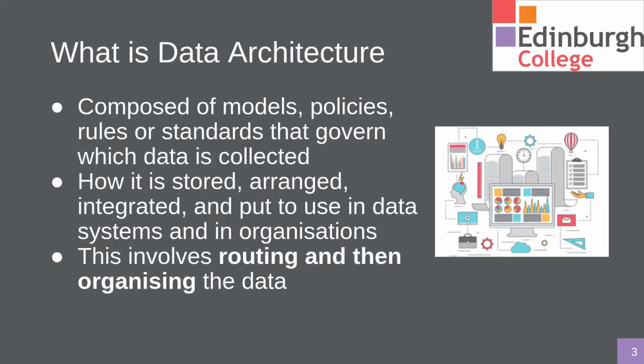So this is showing you how the human mind can be integrated via data architecture into this. This whole system would be data architecture. How is the data routed, organized? Where is it stored? What servers is it stored on? And how does it get from the servers in and out? So it's a fairly simple concept.